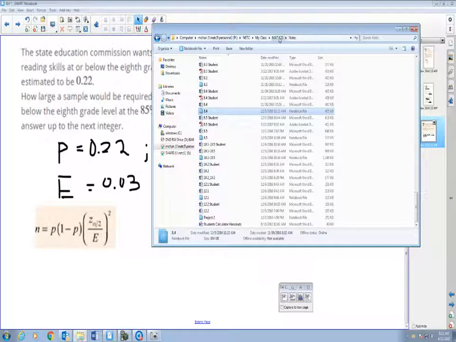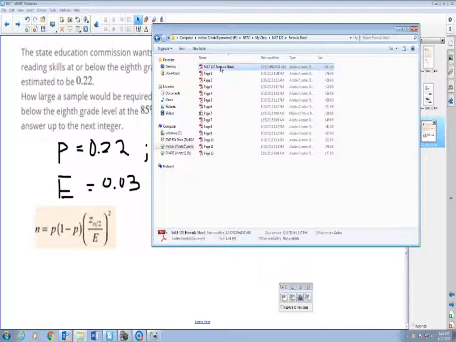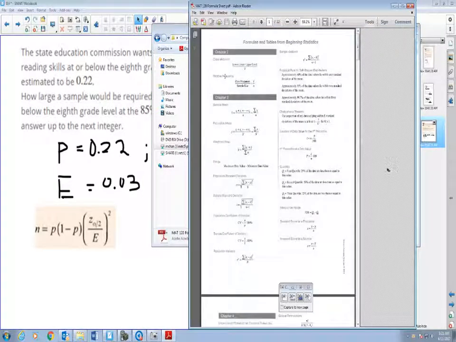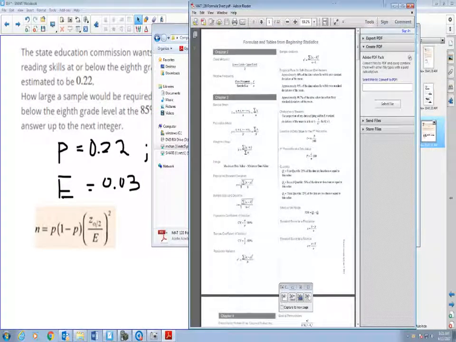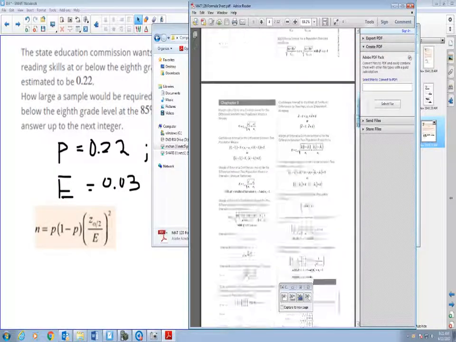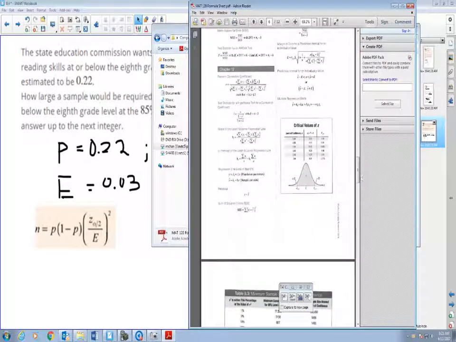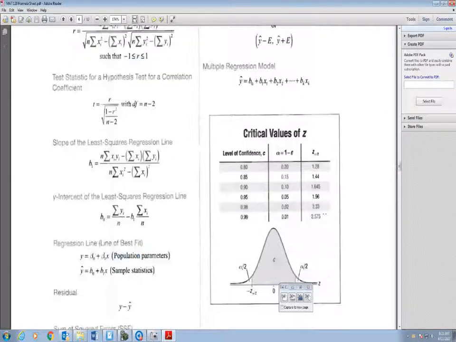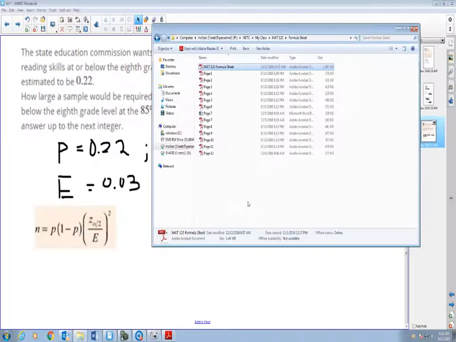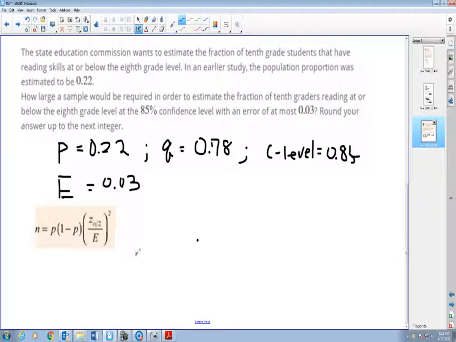If I go to my formula sheet, the critical value of Z sub alpha over 2 at 85% confidence level is 1.44.